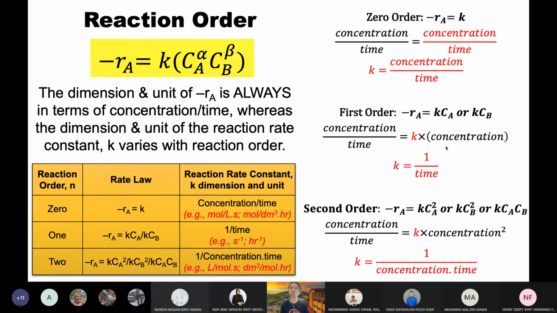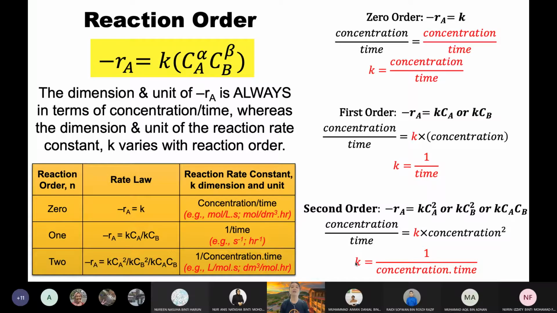You know the dimension is 1 per concentration time. From what we learned here, most likely the rate law is second order. And since there is only one reactant, definitely it is second order with respect to A.